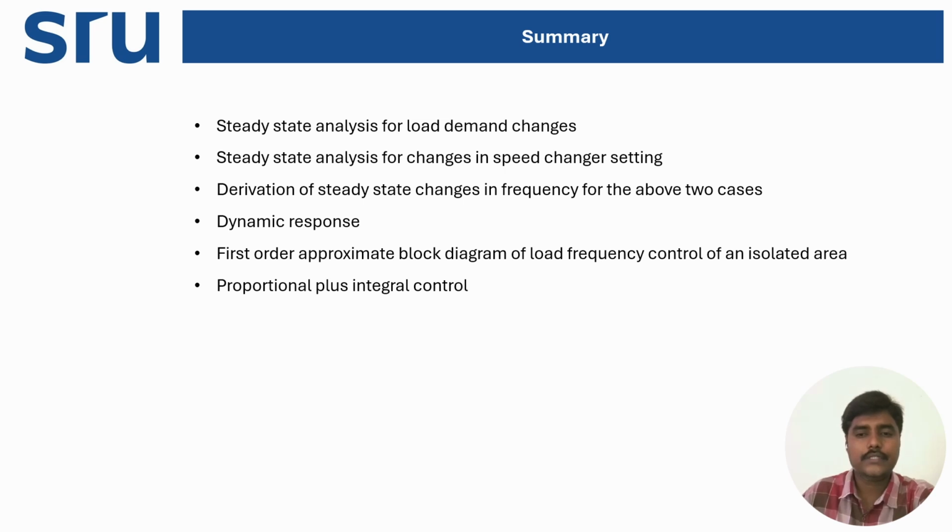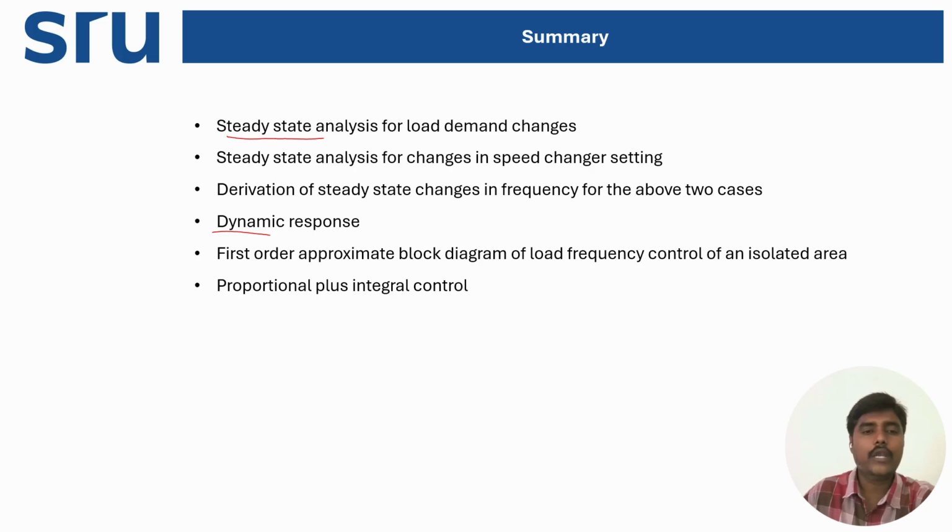So this lecture can be summarized as follows: we have derived the expression for steady state analysis and for dynamic response also. Then we have made approximations in the mathematical equations by taking some numerical values.